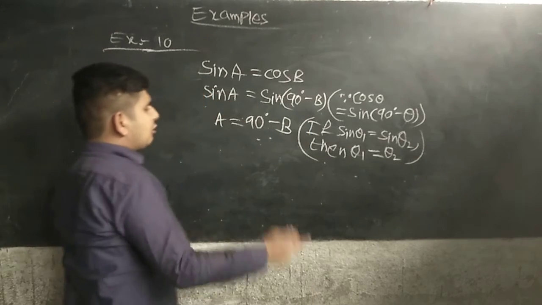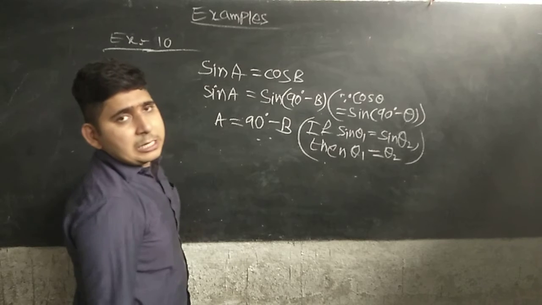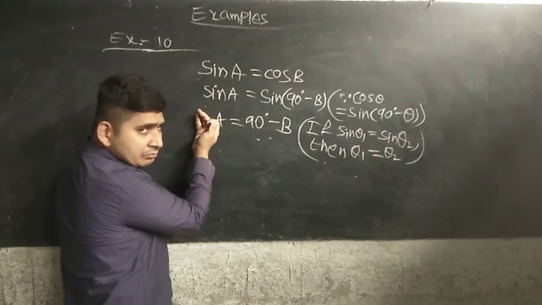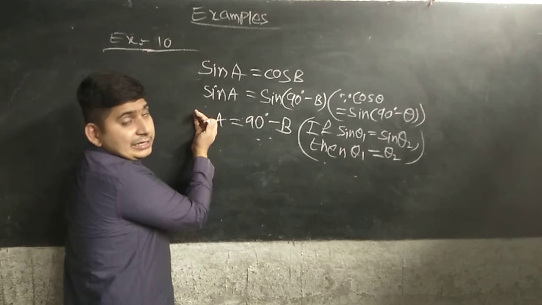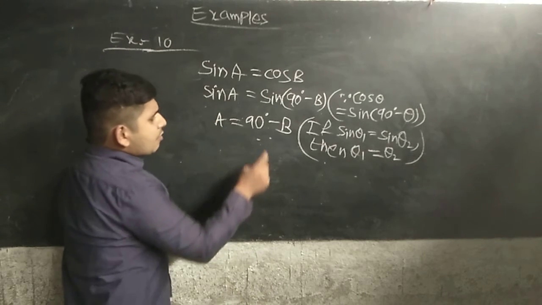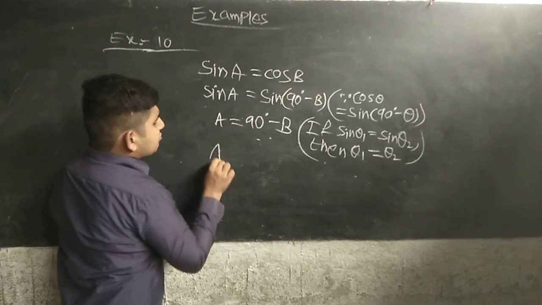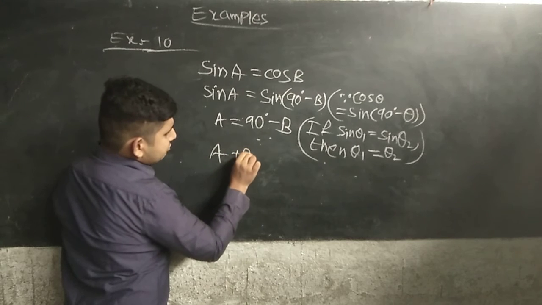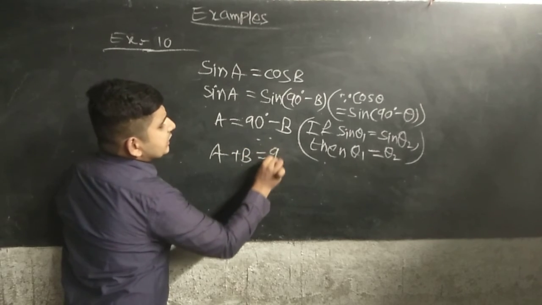Now, A equals 90 degrees minus b. Now bring minus b to the left hand side of the equation. So minus b becomes plus b. So A plus b equals 90 degrees.